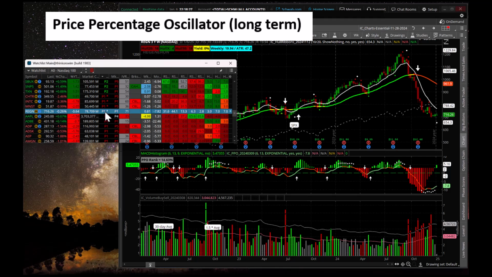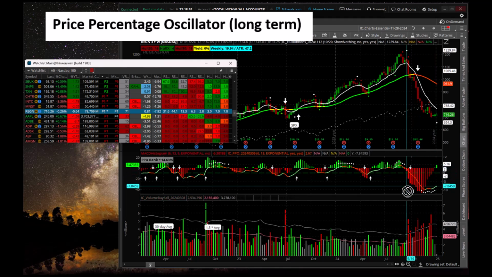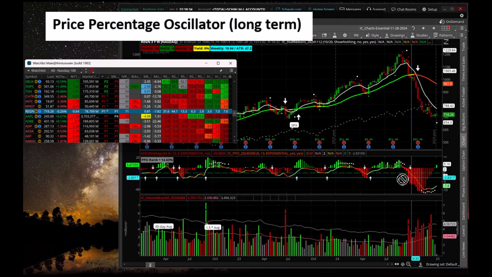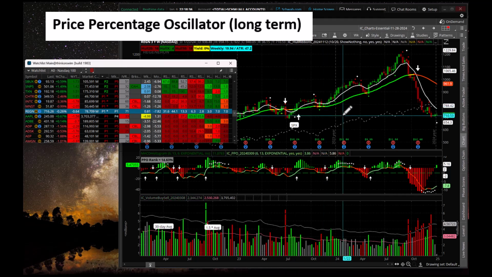It's still in the state of P1, but all I would tell you is, this is one of those things that I would put on my radar and be watching for. And I would include the PPO as one of those considerations. I don't have it shown on the watch list, but you can find it if you look for white dots that are at support on a weekly bar chart.